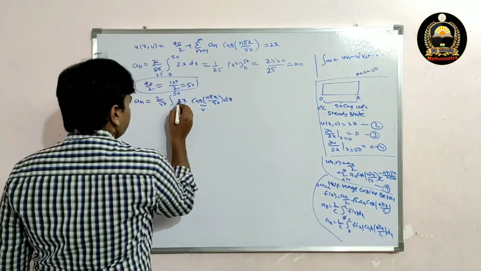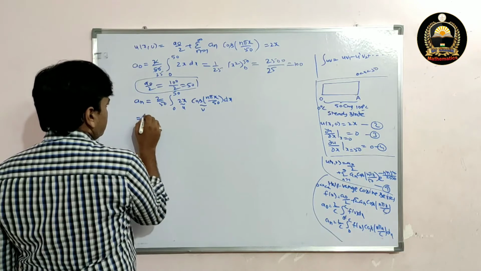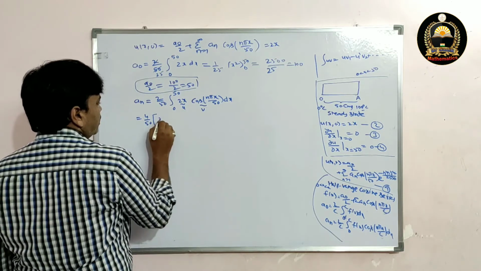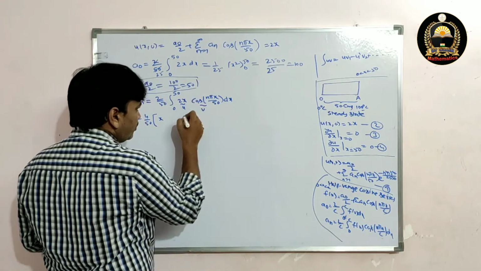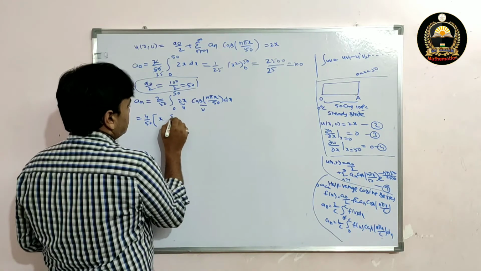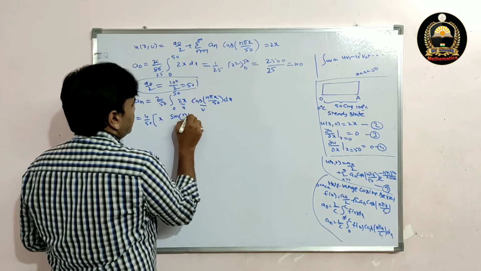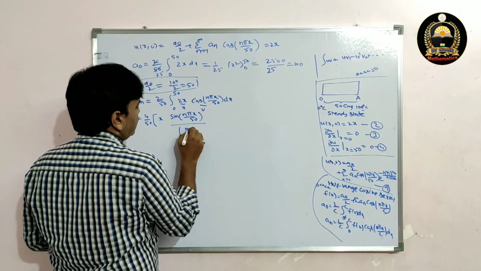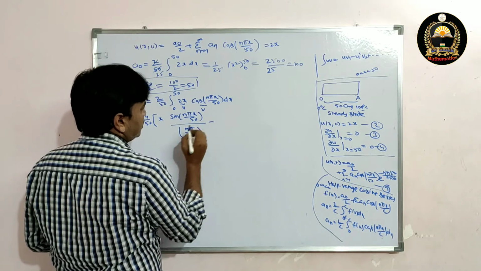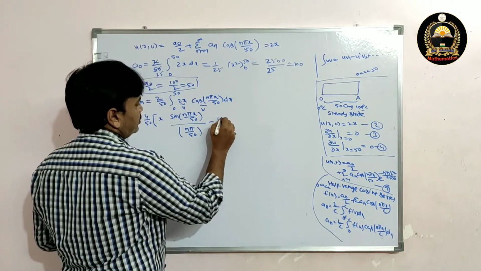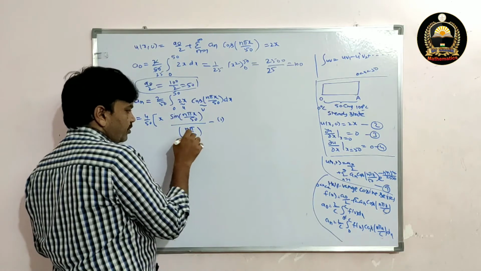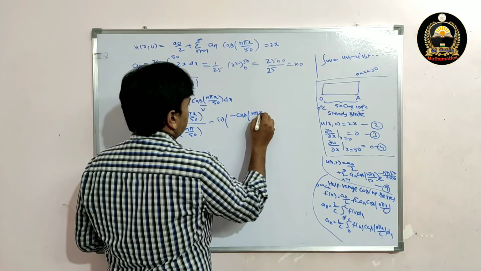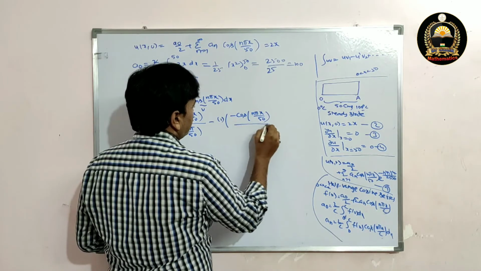We can also take 2 outside, so that is equal to 4 by 50 bracket x into the integral of cos n pi x by 50, which is sin n pi x by 50 divided by n pi by 50, minus the derivative of x which is 1, again the integration of sin n pi x by 50 by n pi by 50, we get minus cos n pi x by 50 divided by n pi by 50.